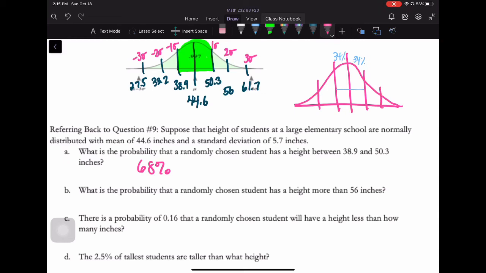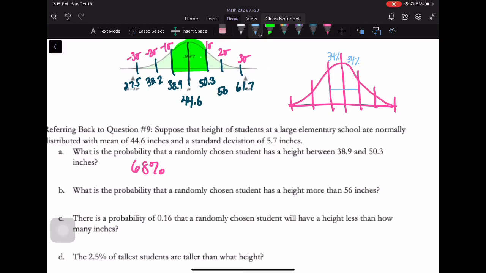Splitting again for the 95%, I would take 95% and cut away the 68% I've already accounted for. If there's 95% here, and I've already handled the 68%, that means I have 27% left over. Cutting that in half gives me 13.5% here and 13.5% here.